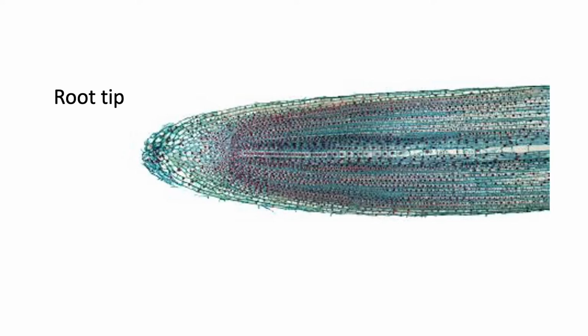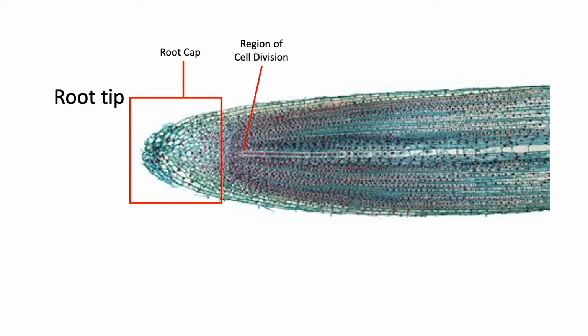So here we have the root tip. So it's a nice longitudinal section. So the first part of the root tip is the root cap. The root cap is there to protect the region of cell division. The region of cell division is where the cells are created for and divided out for the root itself.